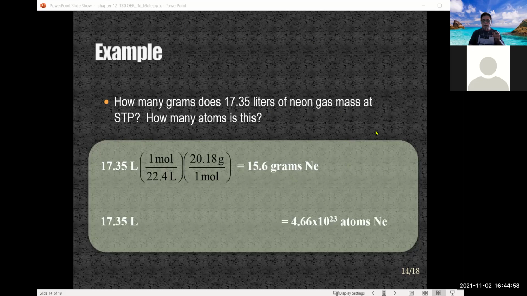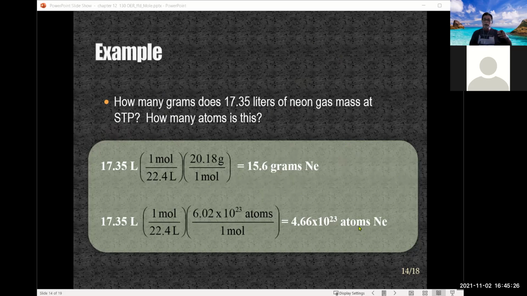Okay. So, the second question was, how many atoms is this? Again, writing down what we're given, and writing down where I need to go unit-wise, which is atoms. I put in my factors. My first factor was my 22.4 liters per mole relationship. That gets me into moles of the gas. And then Avogadro's number comes into play.